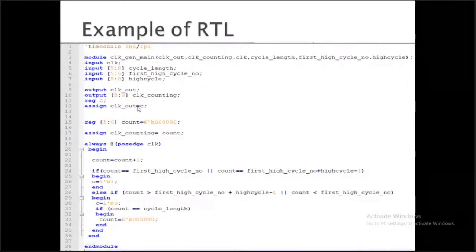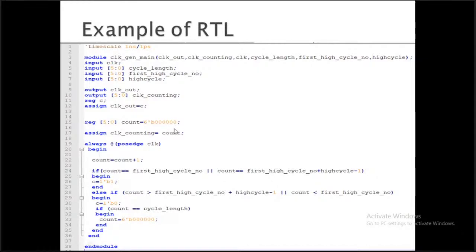Here we are defining clock out and clock counting. This is our main input clock, through which we generate a clock of our choice, with whatever duty cycle we want. We use a count flag, which keeps track of how much of the positive phase has already been spent. Let's say our clock has a period of 16, and after the fourth clock it should be high for two or three clocks and then low.